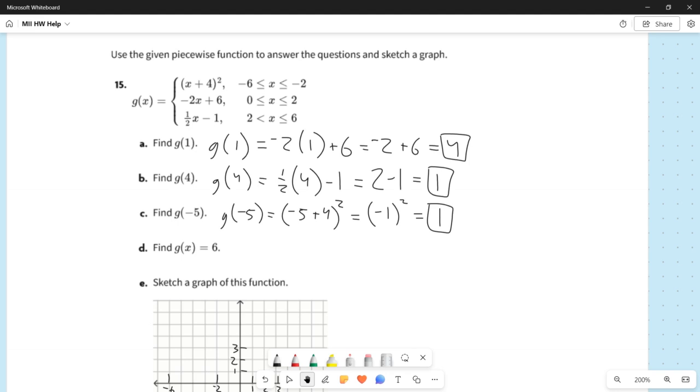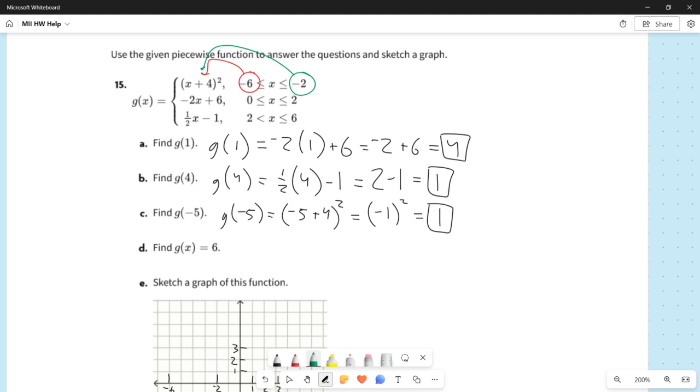So I think probably the easiest way, without just typing it into a graphing utility and copying an answer, is to take each of our bounds. If we take -6 and plug it in, that will give us a value that we can plot. And if we take -2 and plug that in, that'll give us another value that we can plot. So let's start with that and see what happens.